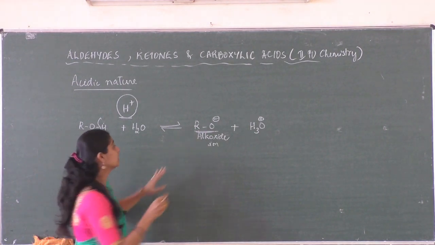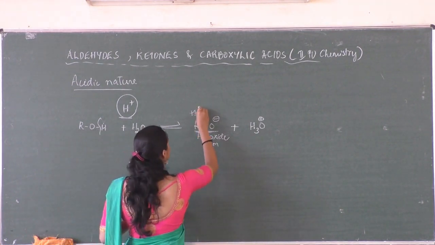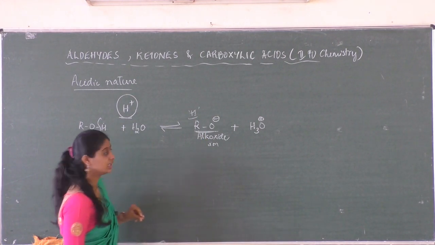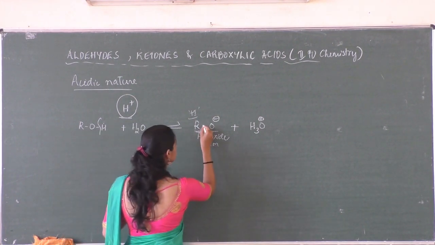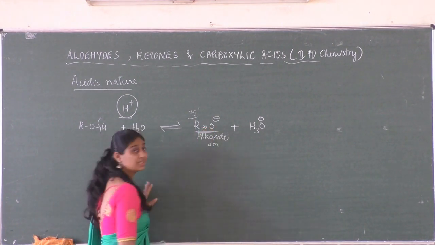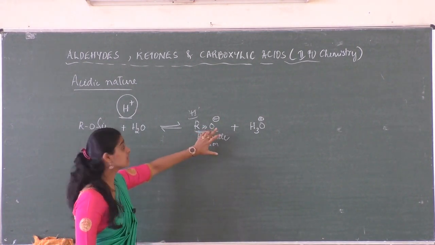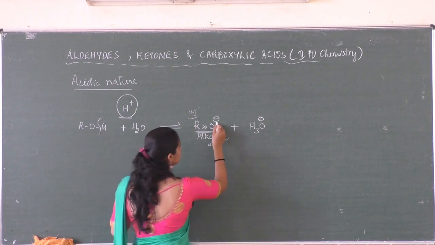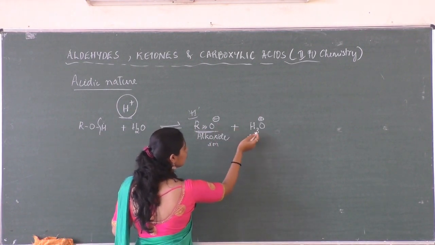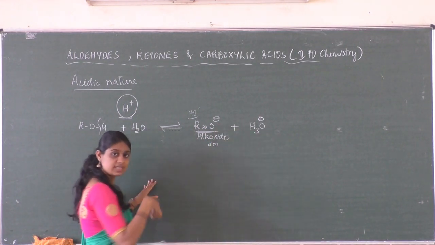So it enhances the plus I effect, that is, it tends to release electrons to the oxygen. Therefore the electron density on the oxygen atom increases, and thereby this O minus ion tends to attract the given H plus towards itself.